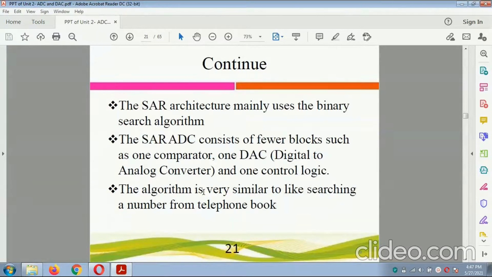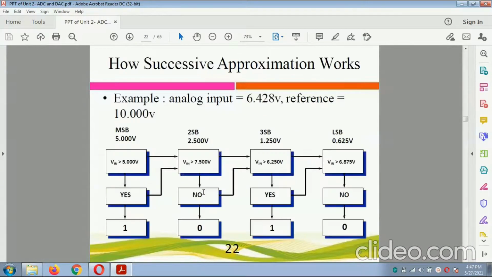The SAR architecture mainly uses the binary search algorithm. The SAR ADC consists of fewer blocks, such as one comparator, one DAC, digital to analog converter, and one logic unit. The algorithm is very similar to searching for a number in a telephone book.